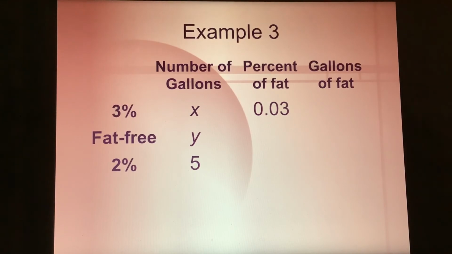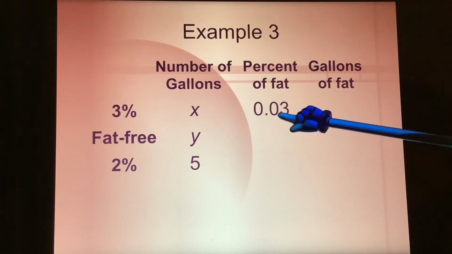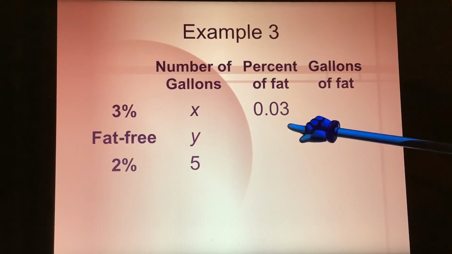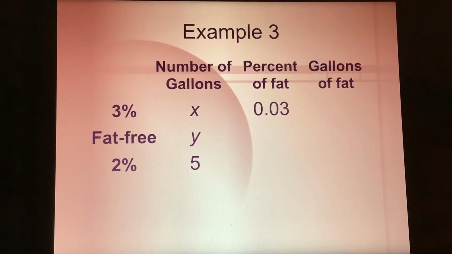Now, the percent of fat in the 3% milk, if you convert that into your decimal, it's 0.03. The fat-free is 0. And then the 2% is 0.02.